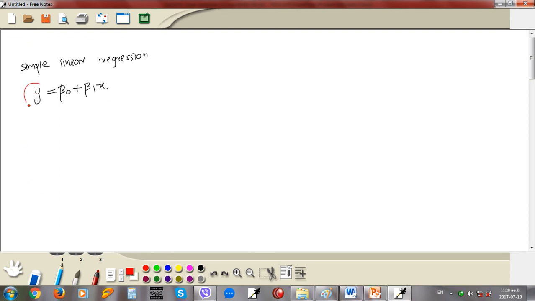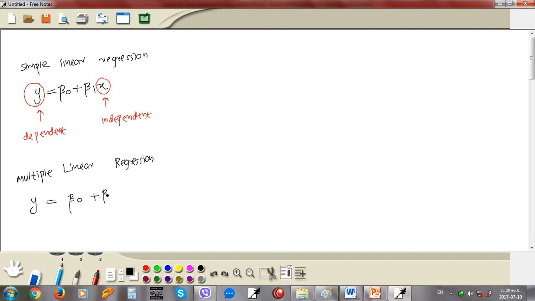This is the dependent variable and this one is the independent variable. But in multiple linear regression, you can see one dependent variable and many independent variables.